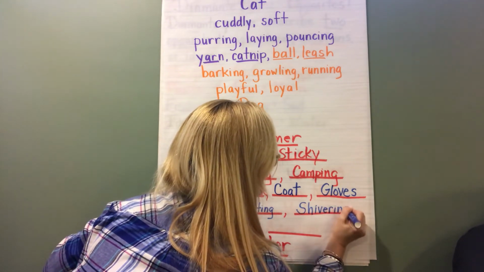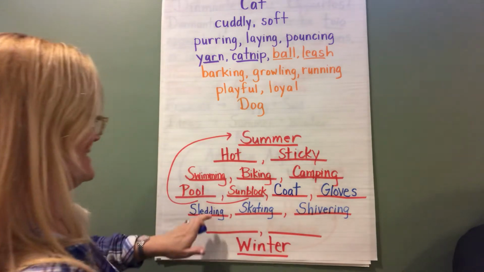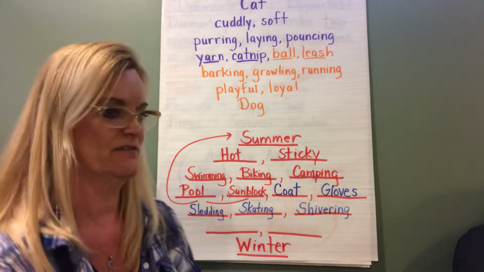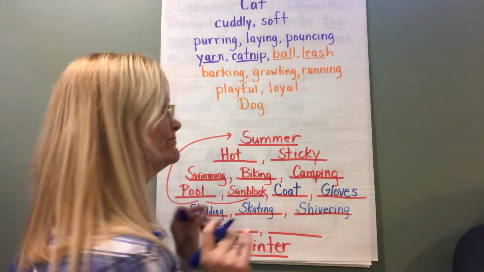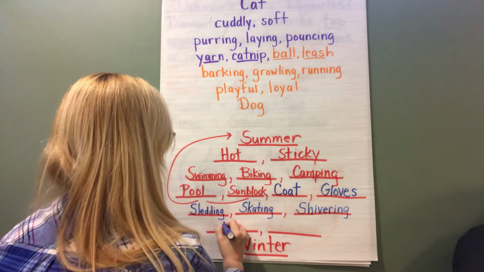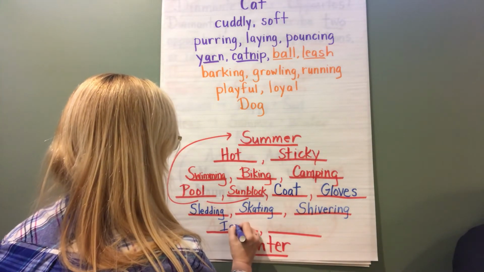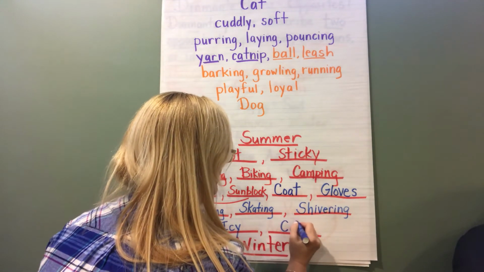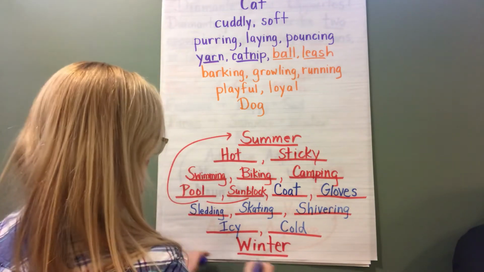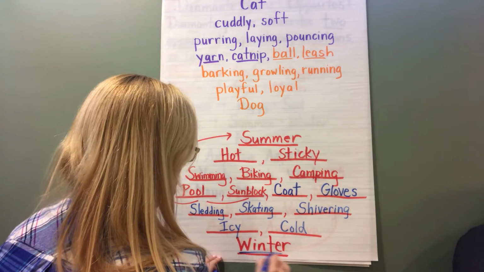So there's my 3 ing words: sledding, skating, shivering. 2 describing words. I'm going to pick icy and cold. And then that describes winter.